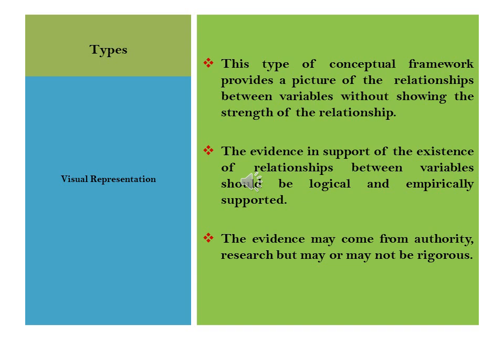The evidence may come from authority, research, but may also not be very rigorous. Authority are institutions and individuals that are held in high esteem, and the issues that are presented there are considered as truth. For instance, the Constitution is an authority.